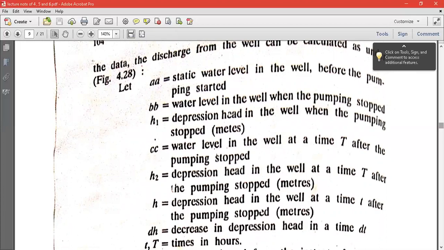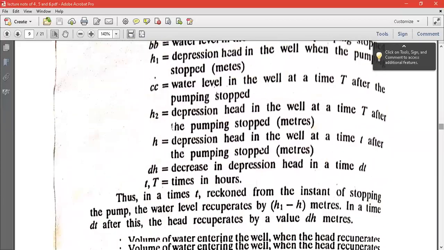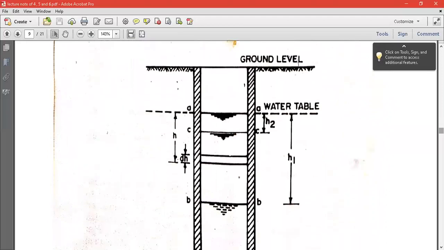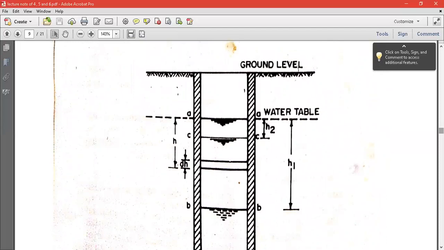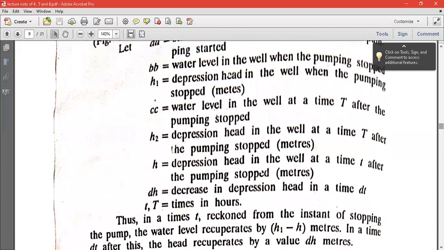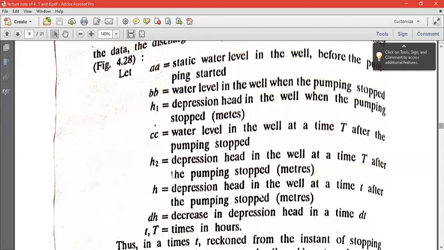Now what is CC? It is the water level in the well at time T after pumping stopped. CC is the intermediate level I have shown, the water level after recuperation at a particular time T. At a particular time T, suppose the water rises, that is recuperates, to the level CC after time capital T.